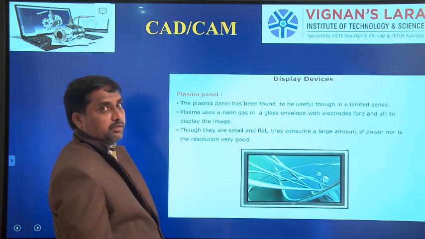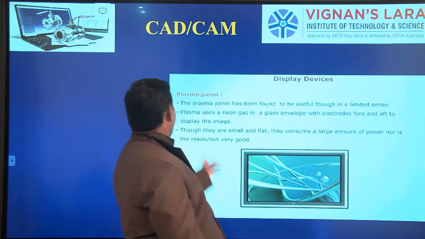Next is another display device or display terminal, the plasma panel.